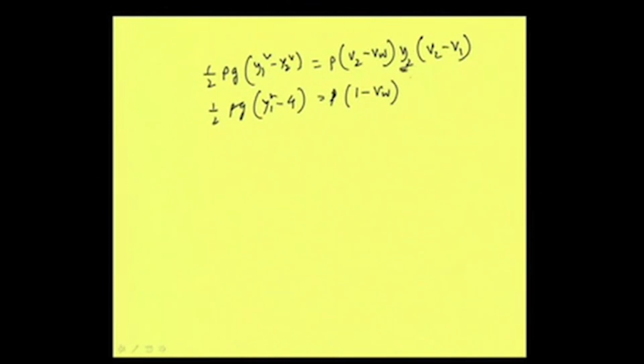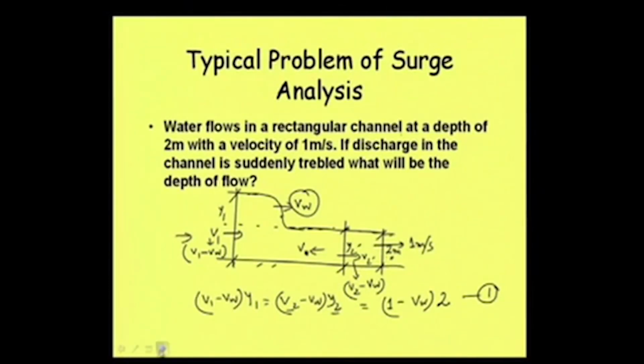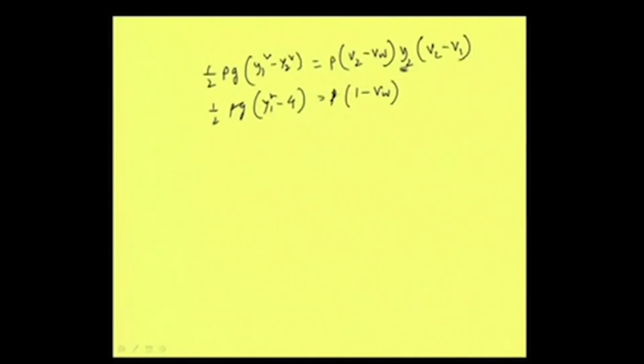We got the depth as 2 meters, so we can put 2 here, and then v2 minus v1, again we can write as 1 minus v1. Now this is equation 2.